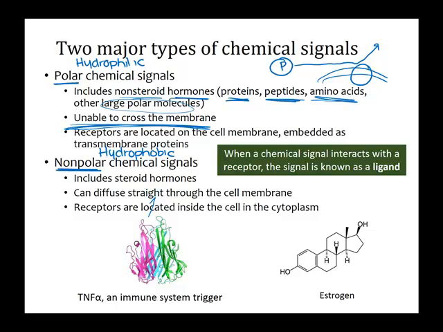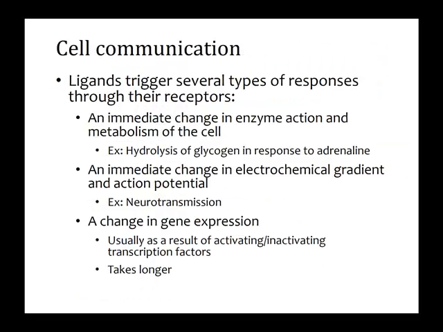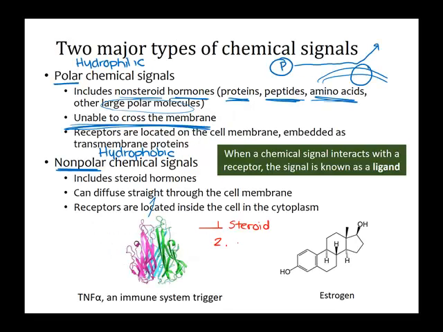Now for our nonpolar chemical signals, and most of the time these include steroid hormones. If we remember, we have two classes of hormones, steroid hormones and peptide hormones. These are our two major classes of hormones.